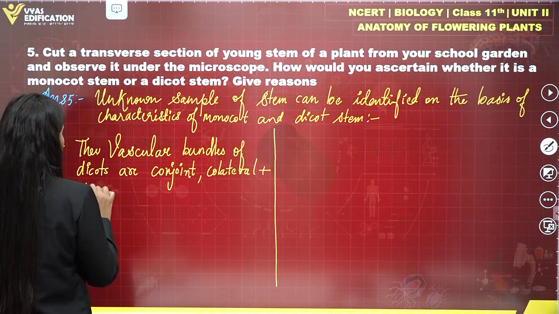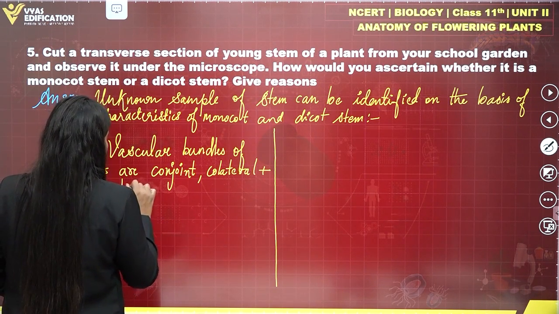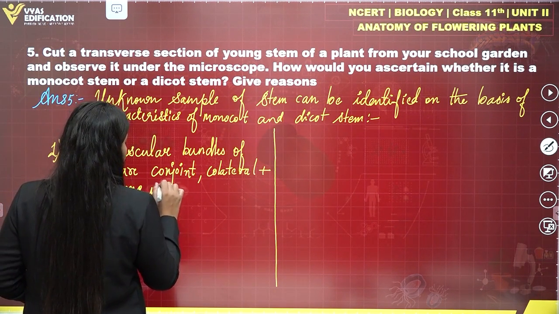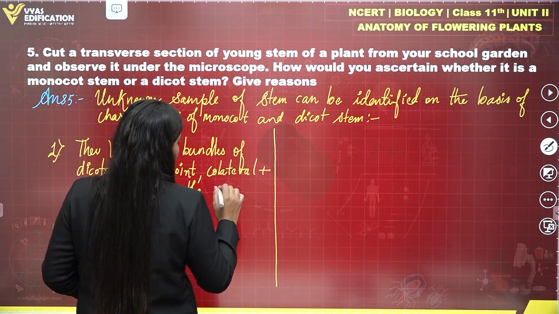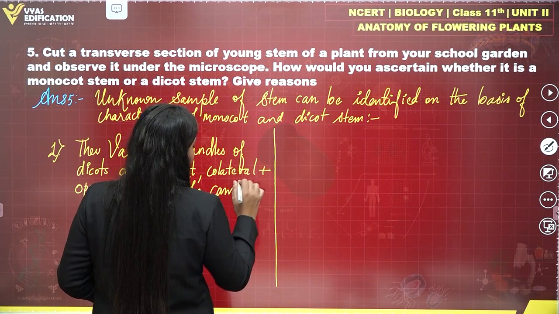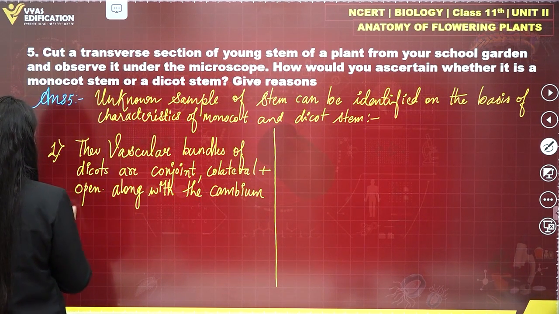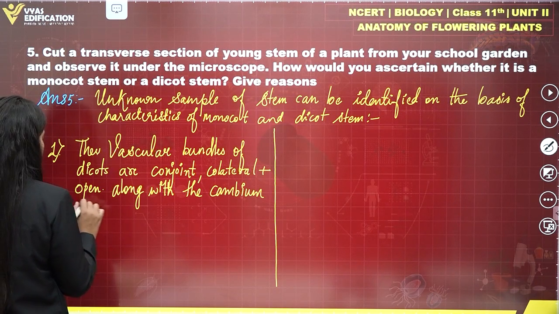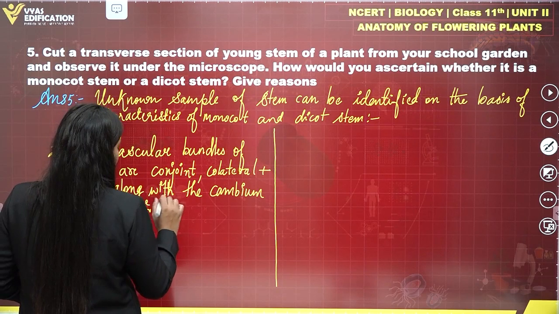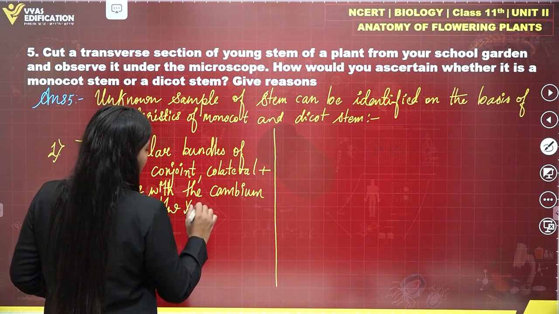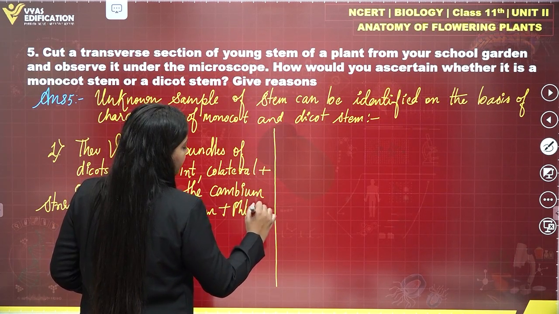That means they can have secondary growth, with the cambium strip present in between xylem and phloem.